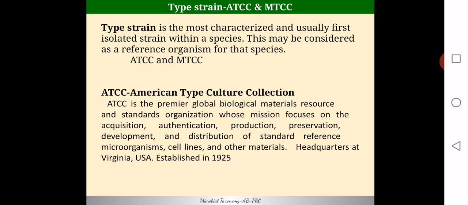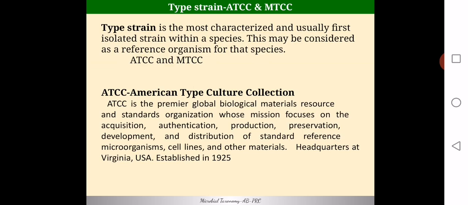Then we need to classify this organism, or compare it with an existing organism or an existing group of organisms, right? And for that we need a template. We need a strain, an organism to which we can compare our unknown organism. And this type of organism is called a type strain, right?